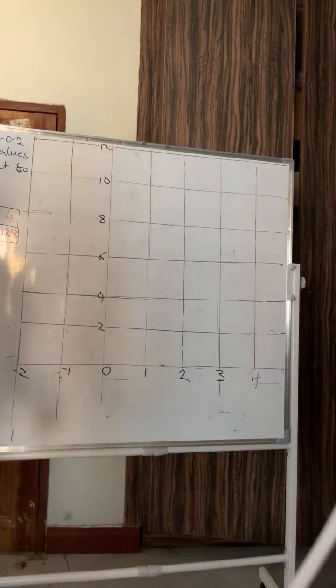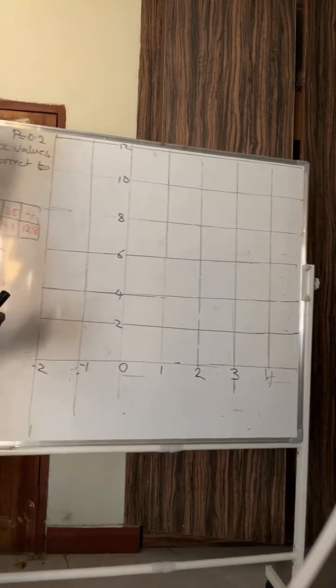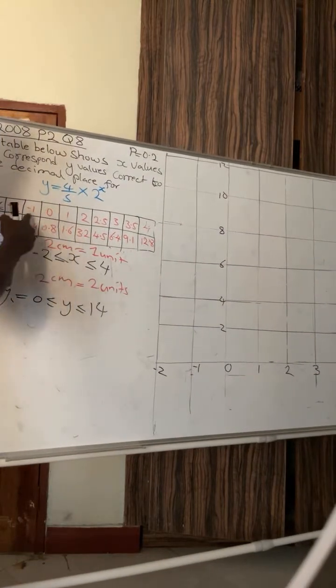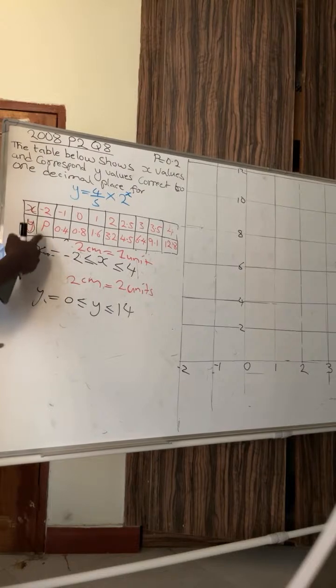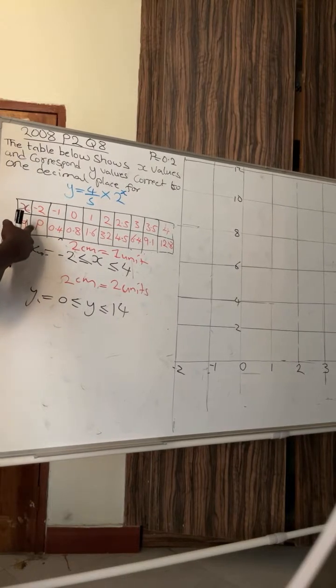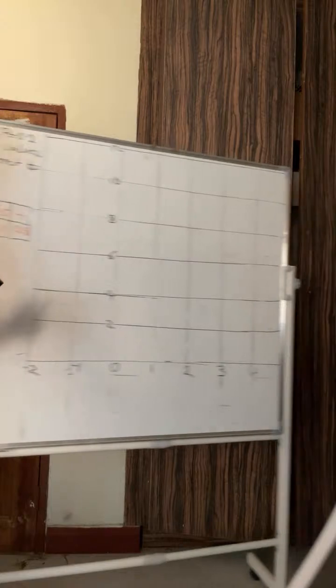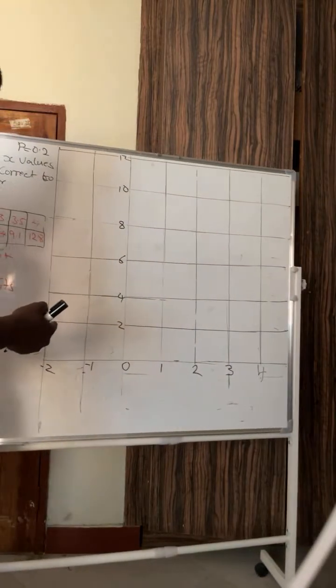So we plot. We'll be using these numbers now. Let's hope you got them. So it's -2, 0.2. You should have this table.